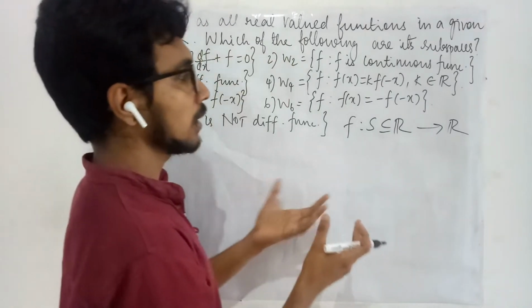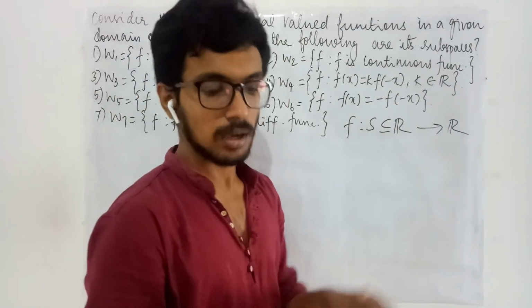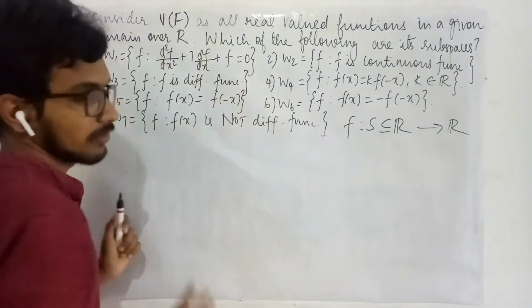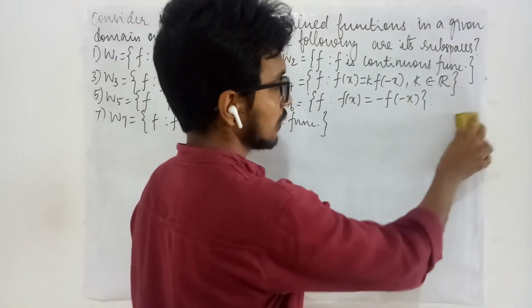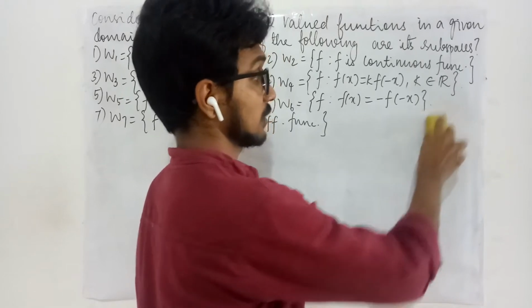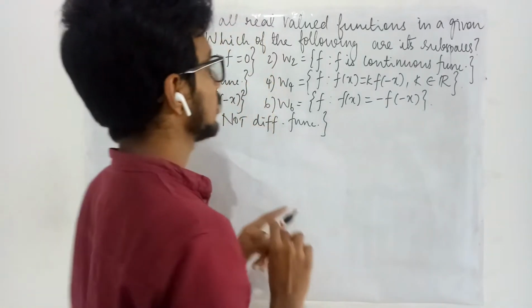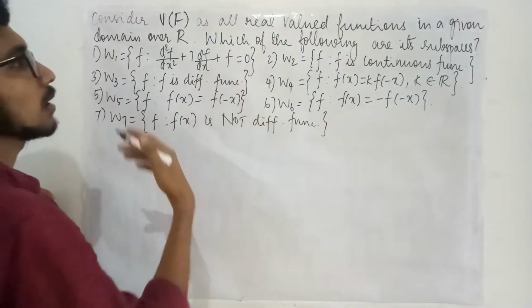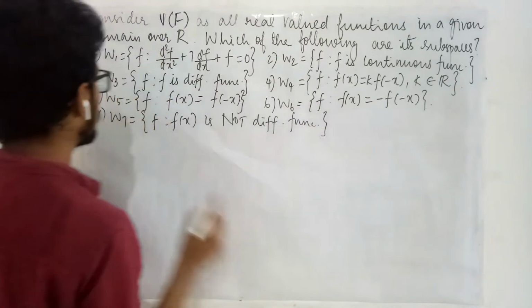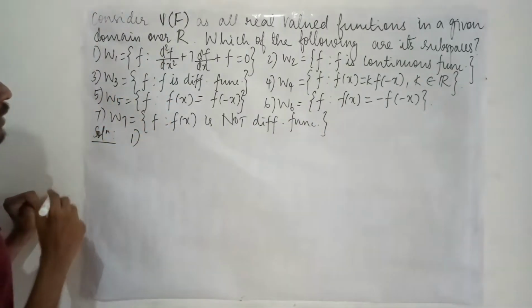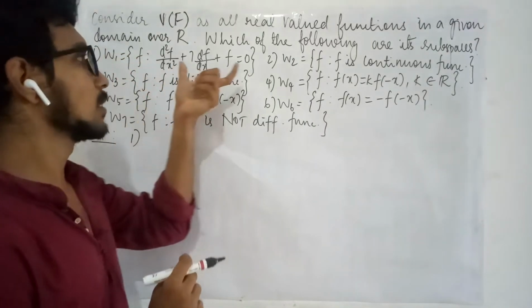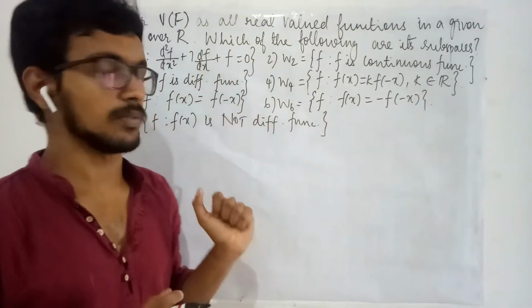I am collecting all possible functions of this sort, and that is my V of f. Here I am considering several non-empty subsets of that space, and we are asked to check for the subspaces. Let us start. In the first one, the set of functions satisfying this differential equation.